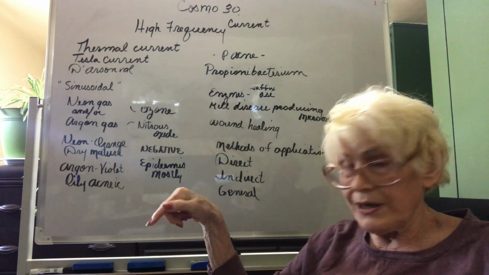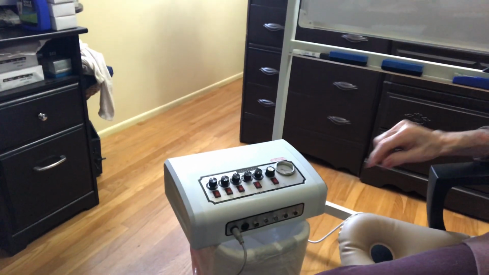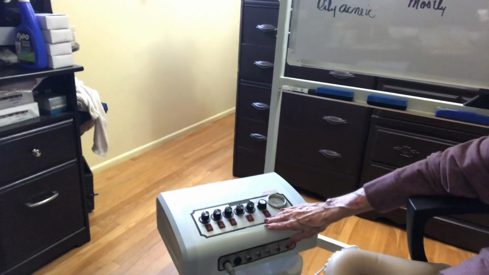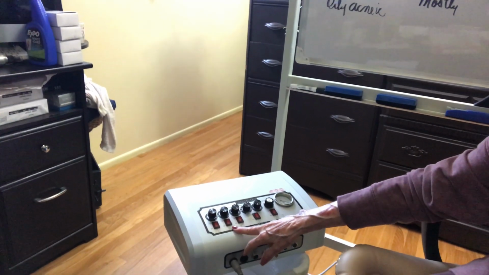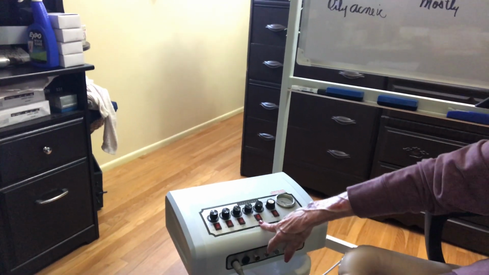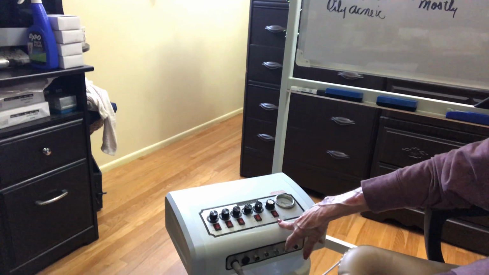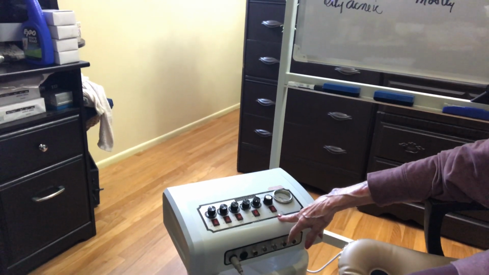The unit I'm going to be using today, I'm going to kind of move the camera to show you a picture of it. I had to put it on the floor, but that's okay. Is this unit here. This is your high frequency. It has the skin scrubber. It has the electric brushes. It has the galvanic current. And it has the spray and vac, which doubles as a microderm.